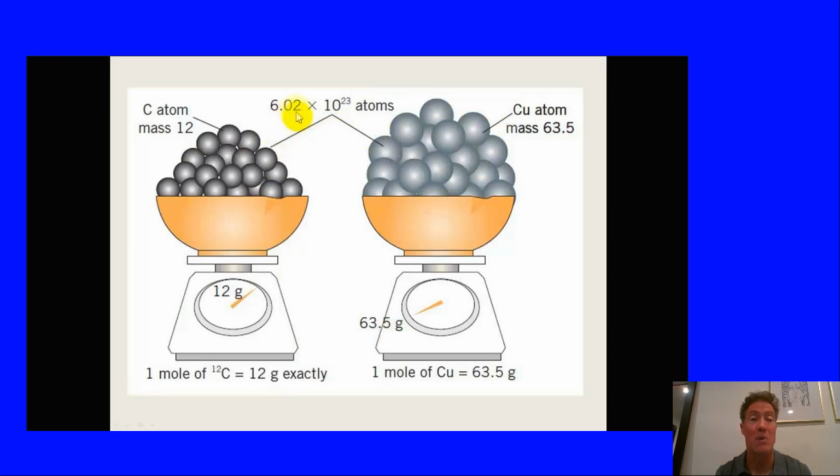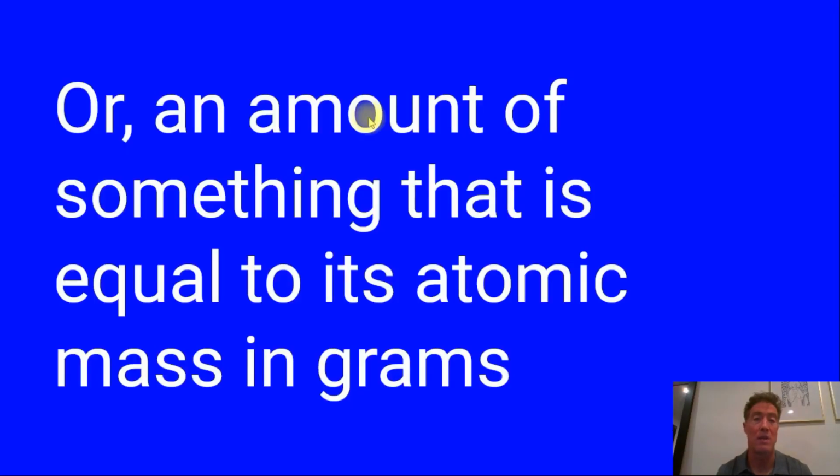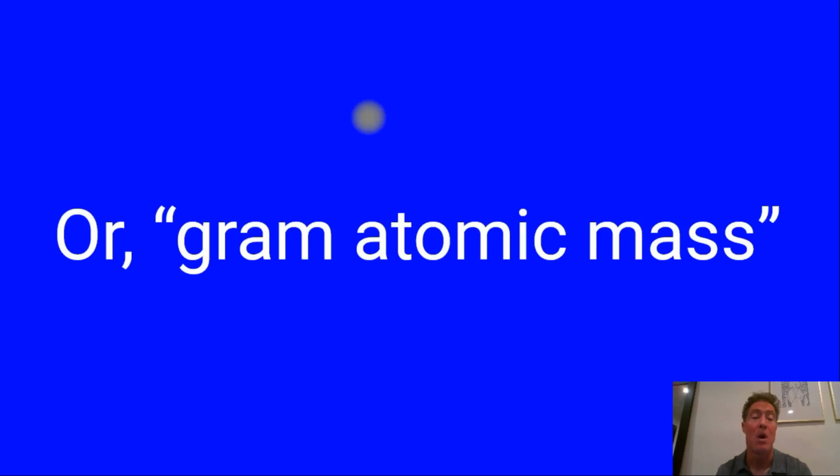They both contain 6.02 times 10 to the 23. So a mole is an amount of something that is equal to its atomic mass in grams. Let me repeat that. A mole is an amount of something that is equal to its atomic mass in grams. Or, there's a fancy word for it, gram atomic mass.